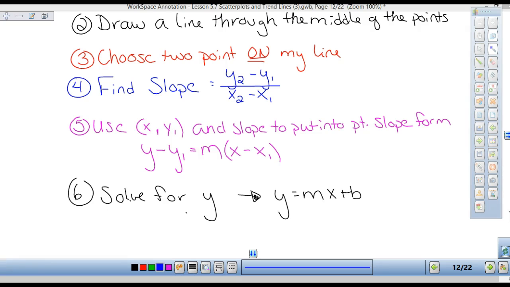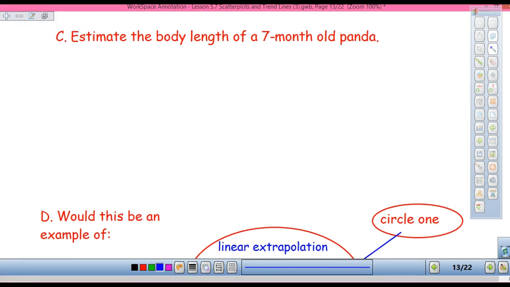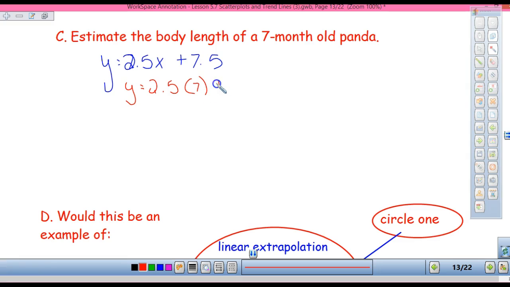If I'm trying to find a 7-month-old panda, I've got my equation: y equals 2.5x plus 7.5. To find the 7-month-old panda, plug it in for x. So we would have y equals 2.5 times 7 plus 7.5.